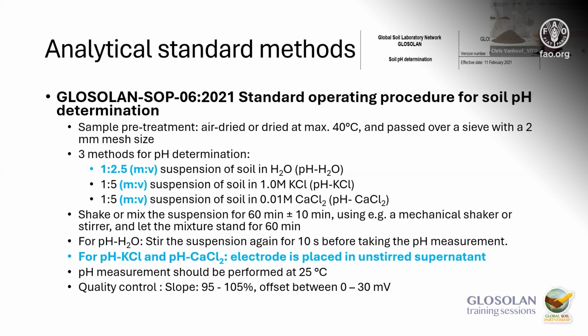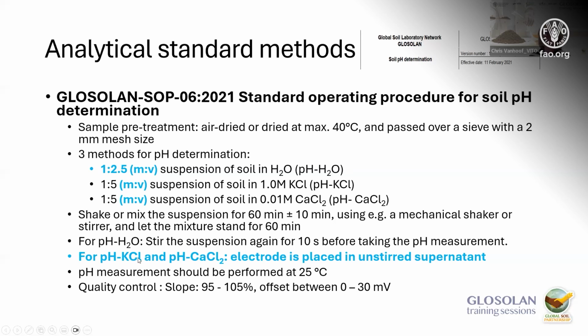If we look at the GLOSOLAN method, the procedures are quite similar. Only the things that are marked in blue are different. Here you have a different extraction ratio for the water extraction, and they all work with a mass to volume ratio. What is also different in the method for the pH water is that they describe stirring the suspension for 10 seconds before taking the pH measurements.